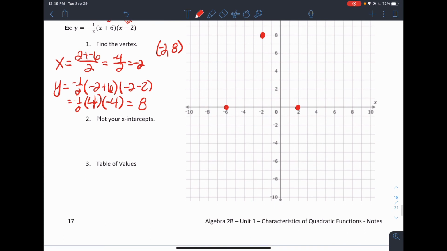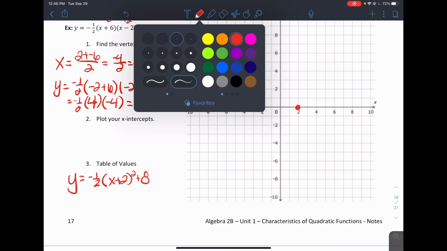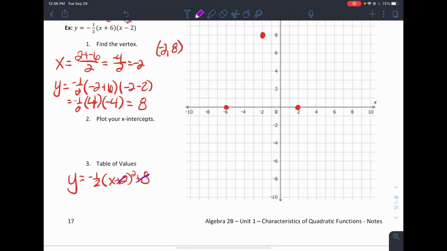And now my equation would be y equals negative 1/2 times x plus 2 squared plus 8. Well, I did the plus 2 and the plus 8. I moved left 2 and up 8. So all I have left is negative 1/2 x squared.